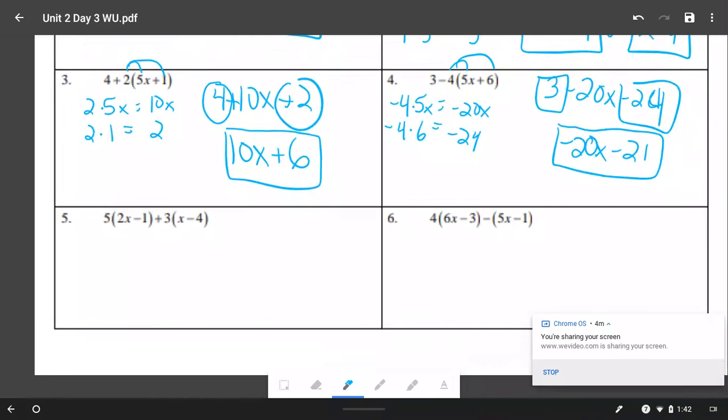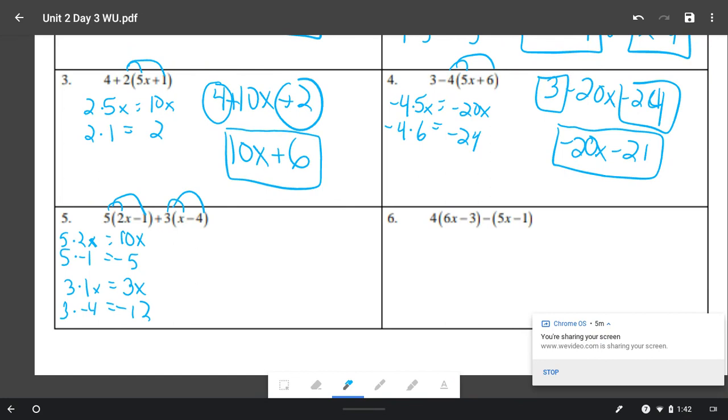The last 2 have double distributing and then combining like terms. So we have to distribute not only this 5 to the 2x and to the negative 1, but we've got to distribute this 3 to the 1x and the 3 to the negative 4. Let's see what we get. We get a 10x for the top one. 5 times negative 1 is a negative 5. 3 times 1 is a 3x. And 3 times negative 4 is a negative 12.